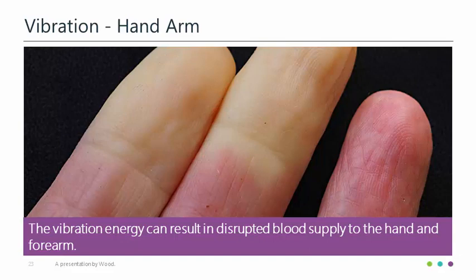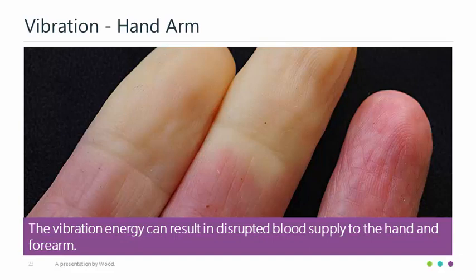You may have heard of the term white finger, where you get blanching of the fingers. This is the effect of the disrupted blood supply and is a well-recognised sign and symptom of HAVS. Other signs and symptoms of this syndrome include tingling and numbness of the hand and forearm due to damage to the nerves, as well as difficulties in fine motor skills, such as doing up your buttons due to damage to the tendon, joints, bones and muscles.